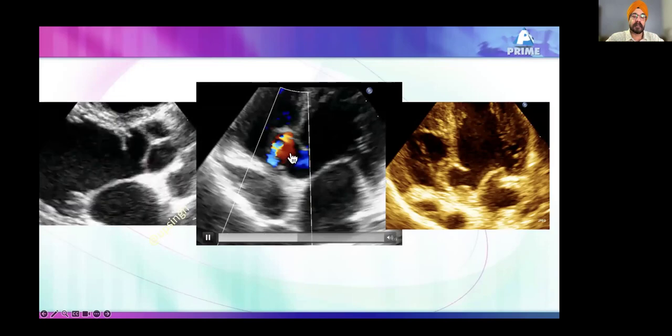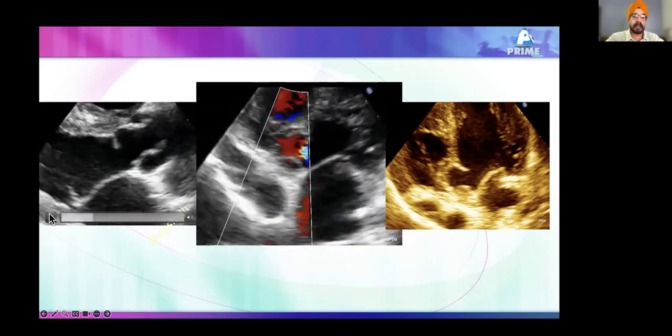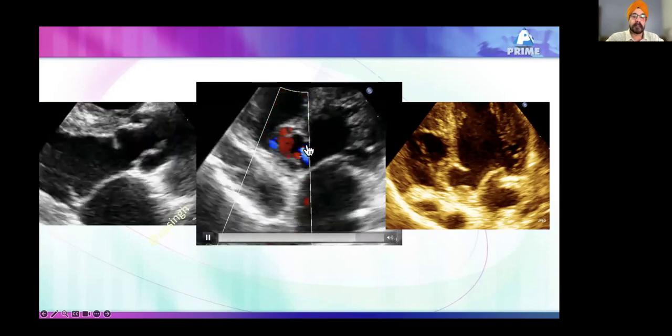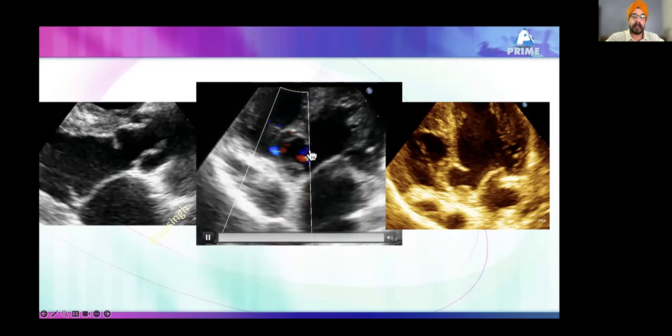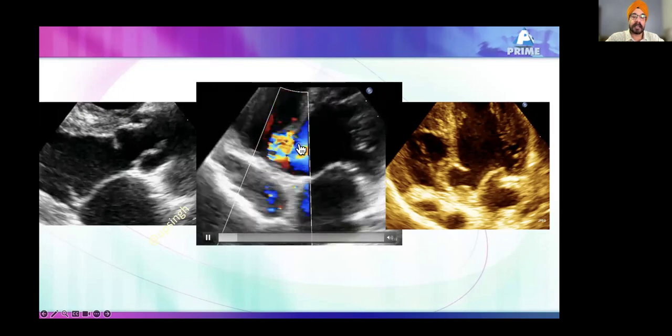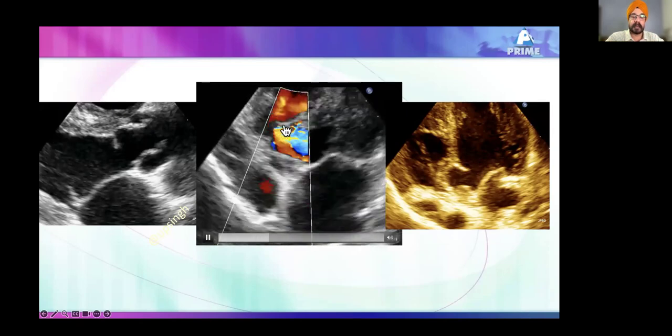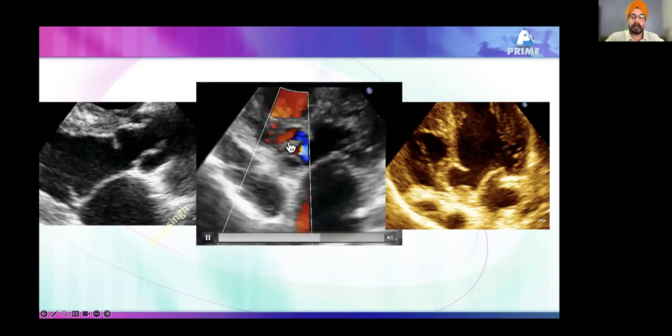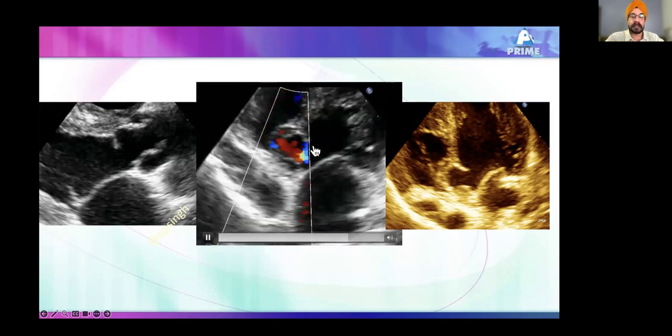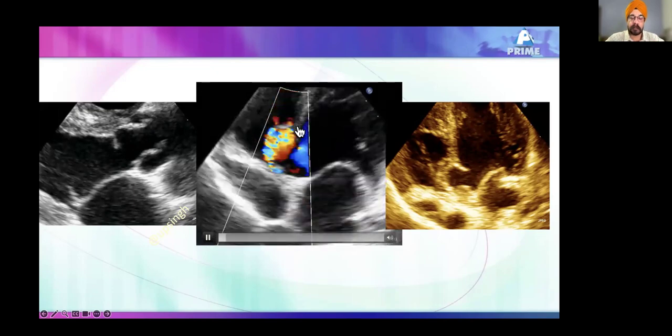So showing you another case of a subaortic membrane. In this subaortic membrane, what you see here is that the jet is kind of directed toward the interventricular septum, which is already kind of aneurysmal, either because of this jet or a VSD which was closed by the tricuspid valve.